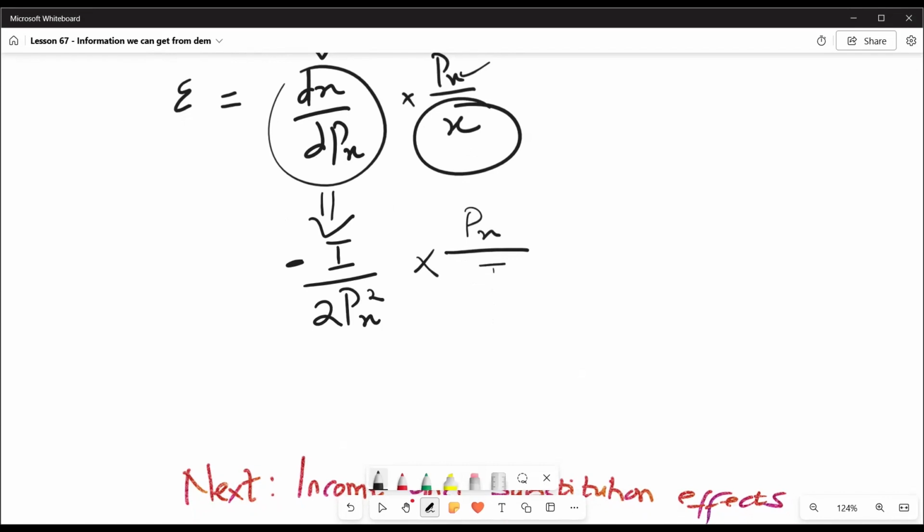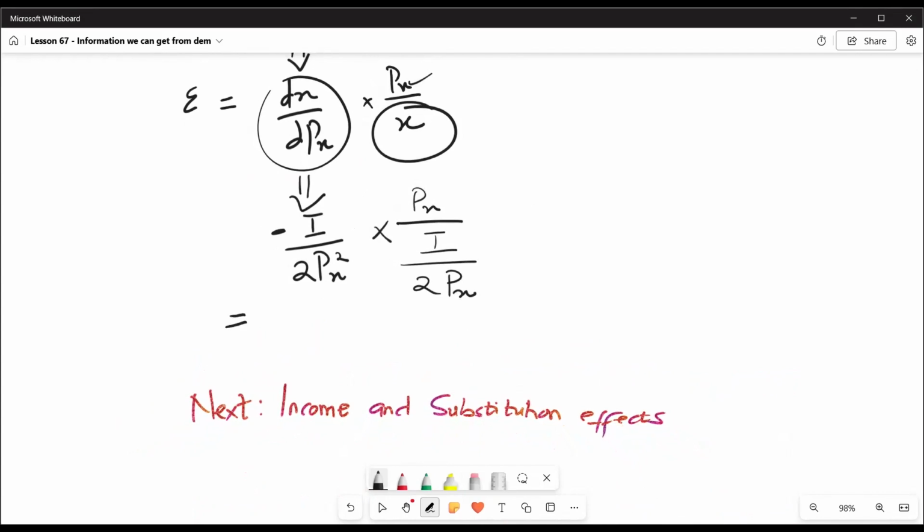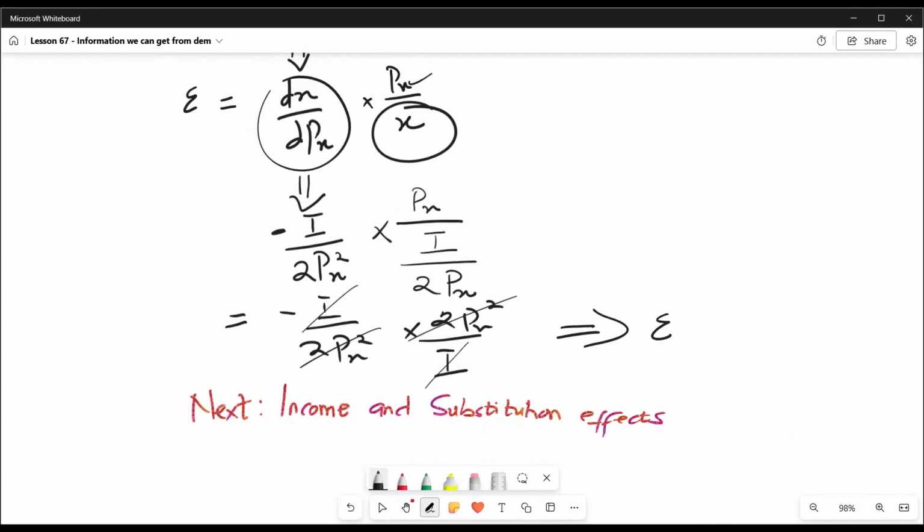So the demand function is simply I divided by 2px. So this can be simplified into minus I over 2px squared times 2px squared over I. So you can immediately see that this and this will go, this and this will also go. So eventually we have our elasticity being equal to minus 1.